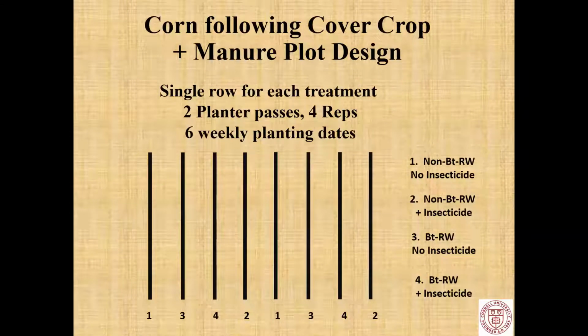But we also looked at corn following cover crops plus manure, which is typical of a lot of our dairy applications. The difference is we had a little more room, so we used the same single row plots, but we made two planter passes. So we had 6 weekly planting dates, 4 reps, 2 planter passes, and the same treatments.